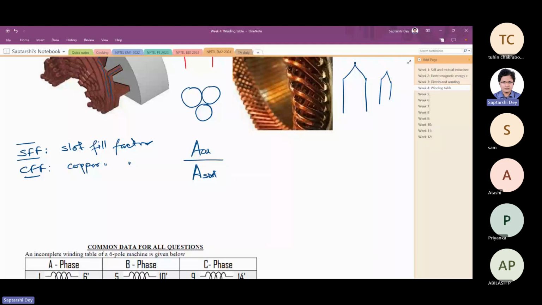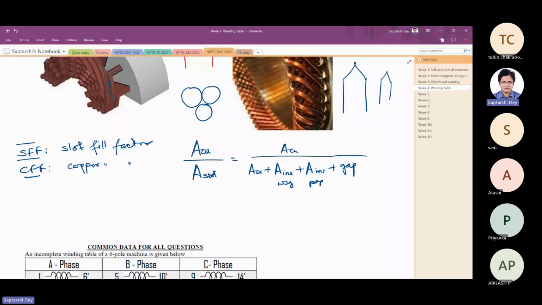Now, area of slot has several things. Firstly, obviously area of copper. Then you have area of insulator of the winding plus area of the insulating paper that I showed, plus this inter-winding gap that you cannot avoid.